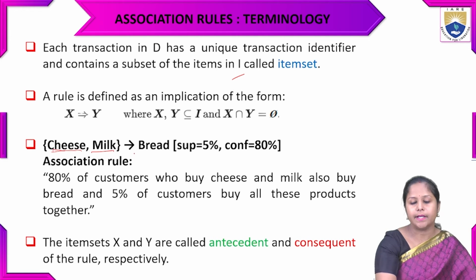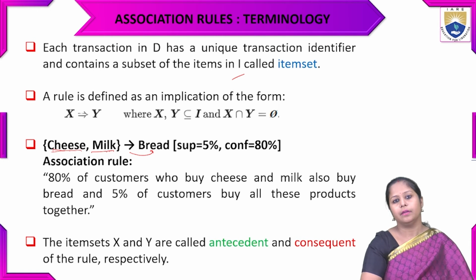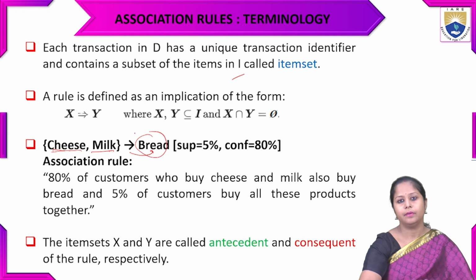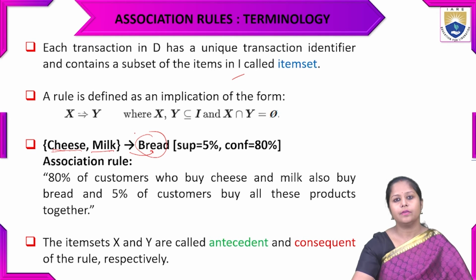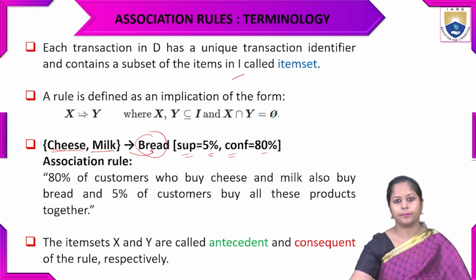Cheese and milk, that depends on bread. So if a person is going to buy cheese and milk, surely he is going to buy bread, right, for one transaction. For that we will calculate the support. The support we will get for that is 5%. The confidence we will get for that is 80%, right?